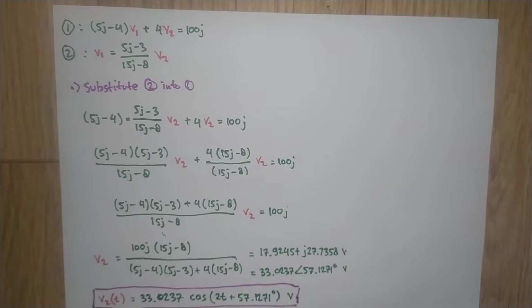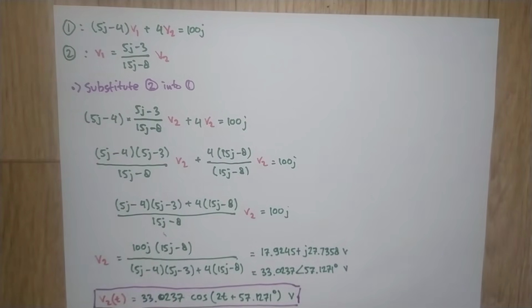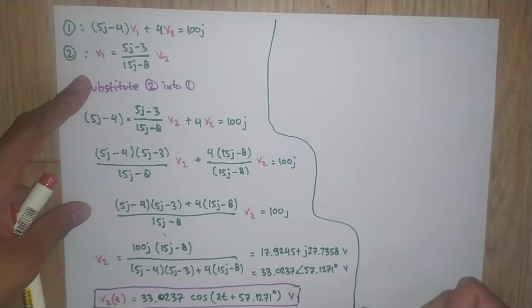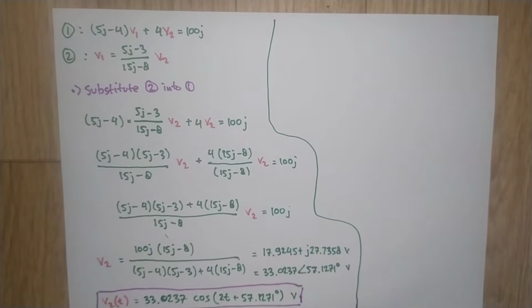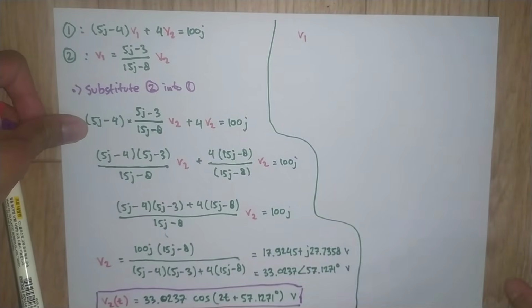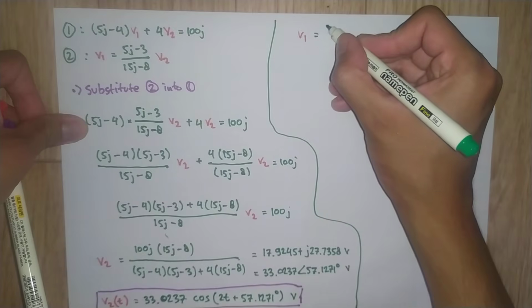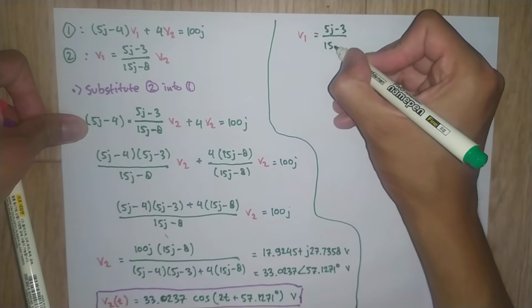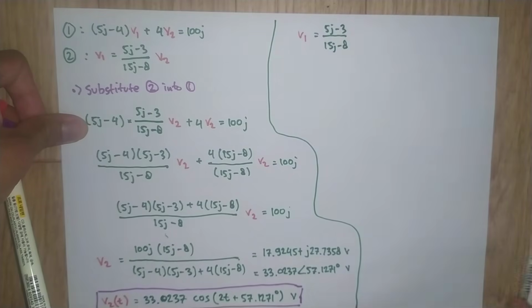And now how to find V1? We can simply substitute V2 into equation 2. Okay, now let's do that. Let's make some line here. We will have V1 is equal to 5j minus 3 divided by 15j minus 8 of V2.